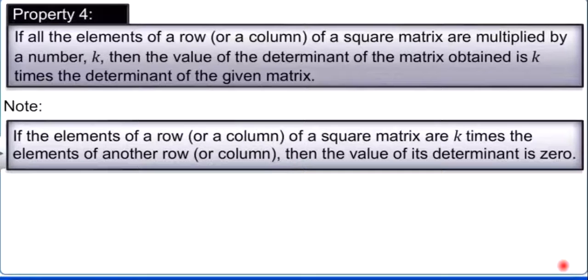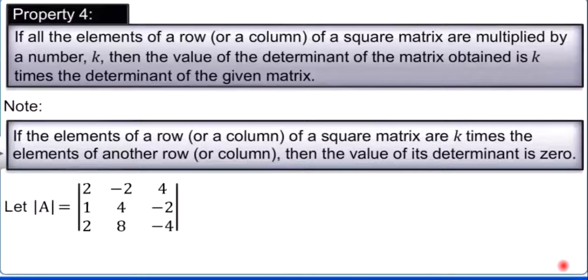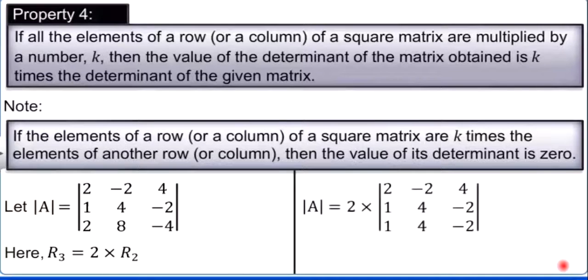Consider determinant A, such that its second and third rows are proportional. Here, each element of the third row is 2 times the corresponding elements of the second row. Now, from property 4, on taking 2 common, determinant A can be written as 2 times the determinant whose second and third rows are identical.